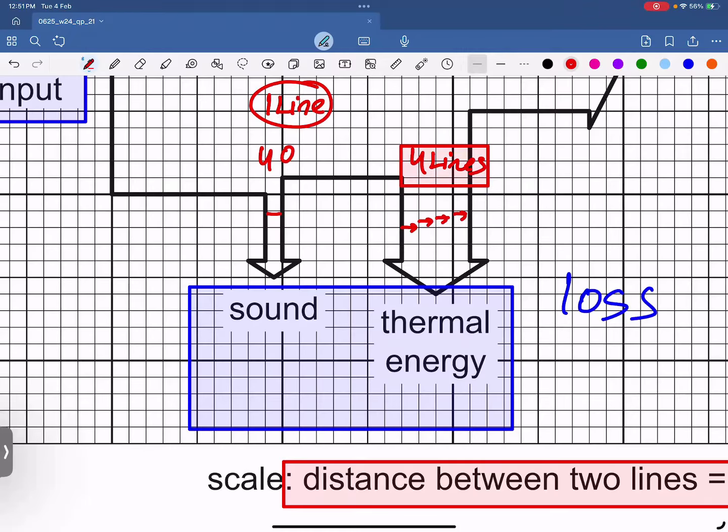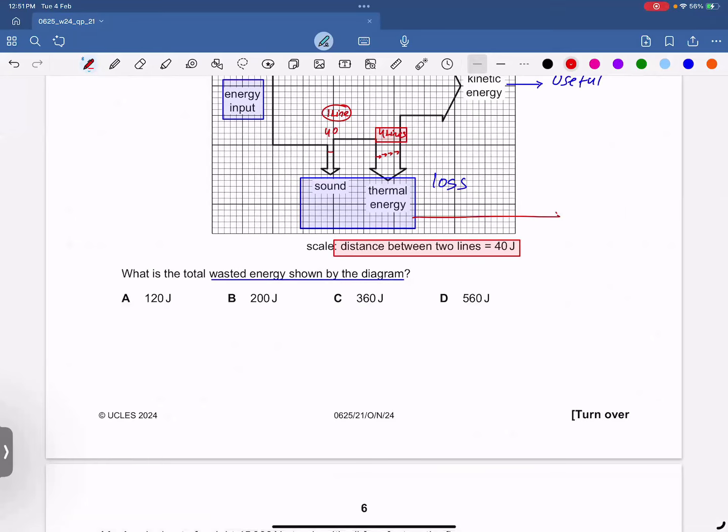So overall will be 5 lines. The waste is 5 small lines, and each line they say is 40, so 5 multiplied by 40, the answer is 200 joules, the waste. 200 joules is the waste, my dear students. Now we proceed to the next component.